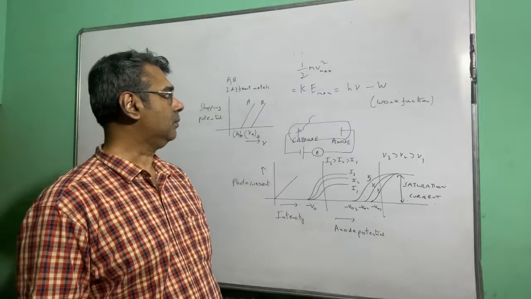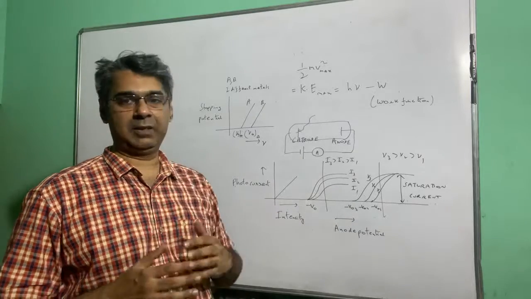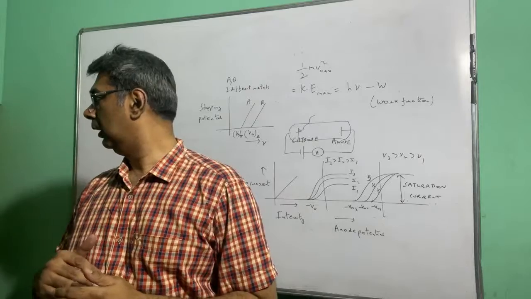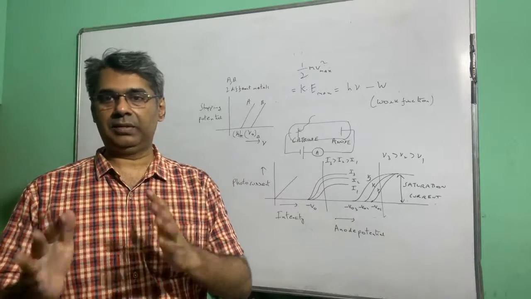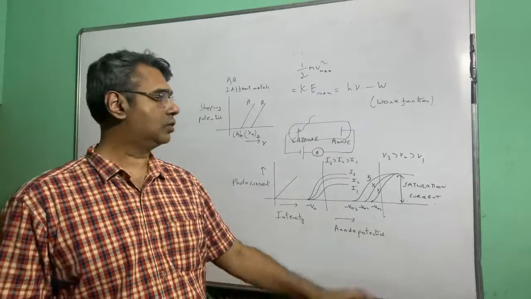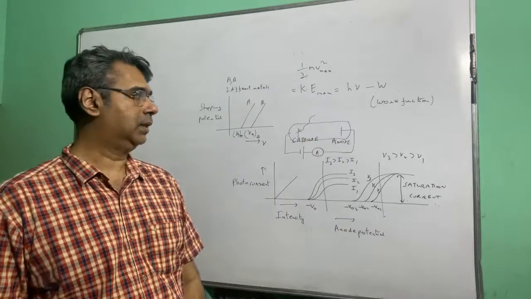So this explains what is happening up to the time the electron comes out of the cathode. Now the electron will accelerate and go to the anode. Once it goes to the anode, the circuit will be completed.